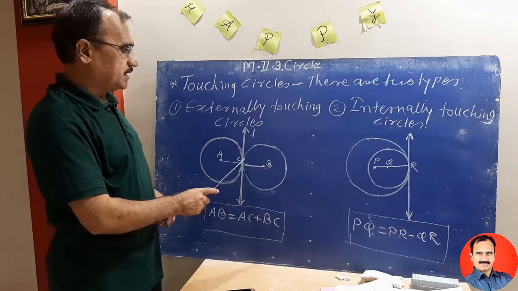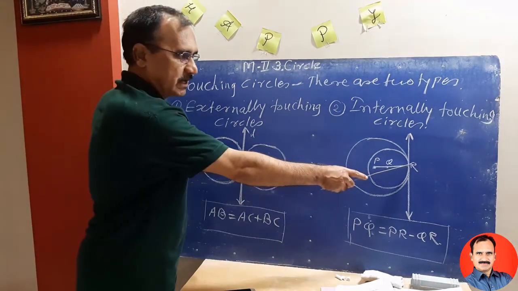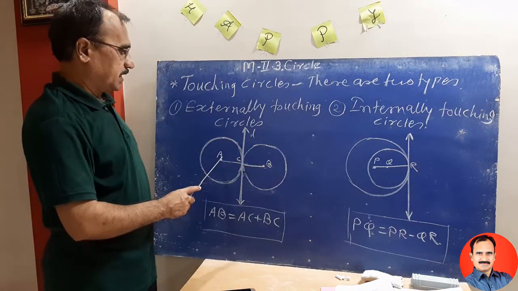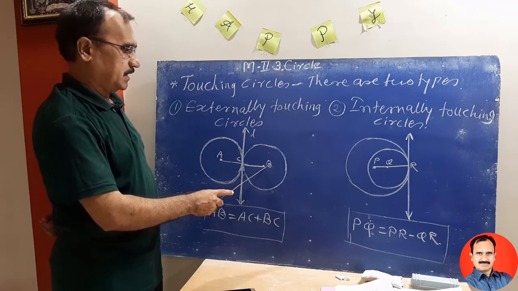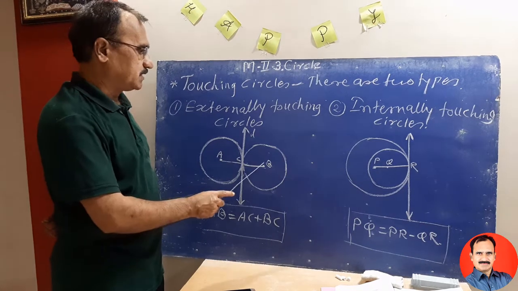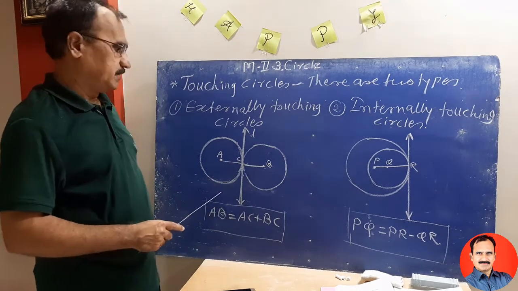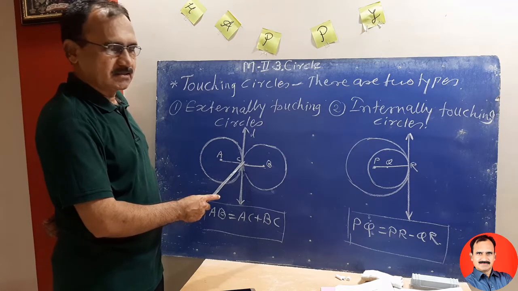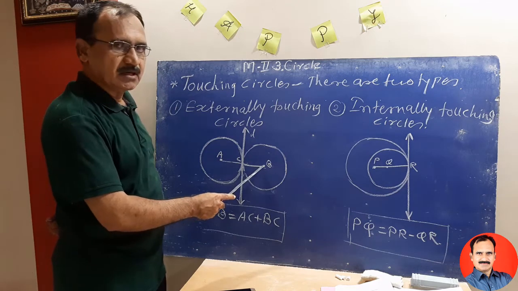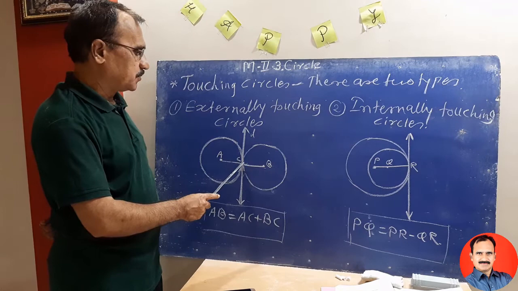Here point C is one and only one point of contact, and here also point R is one and only one point of contact. Now A and B are centers. If we want the distance between the centers of these externally touching circles, AC is a radius and BC is also a radius. The distance AB between their centers is AC plus BC.